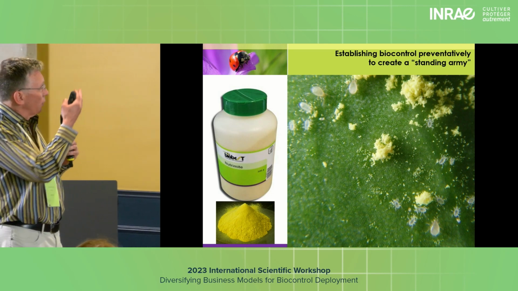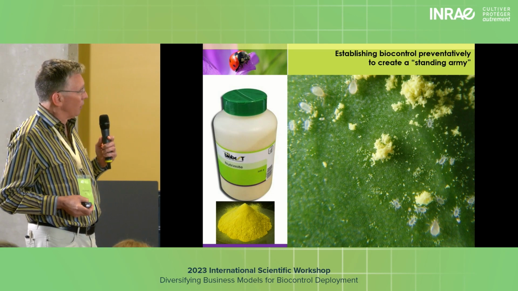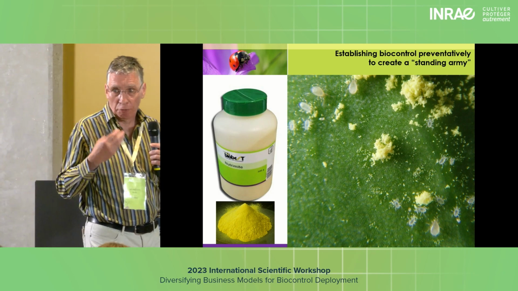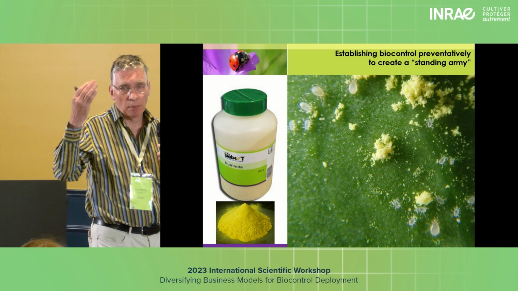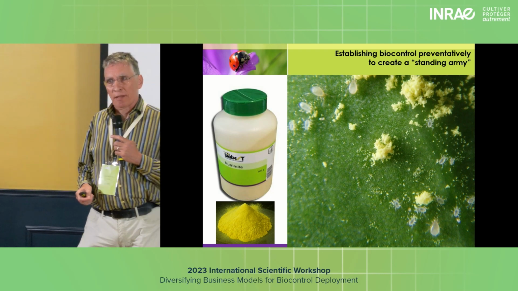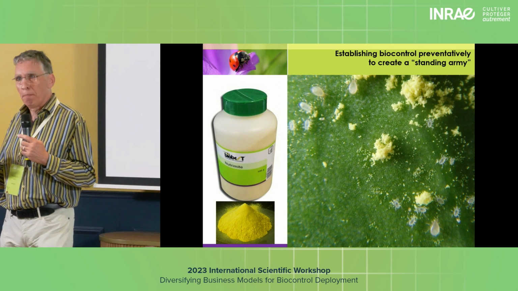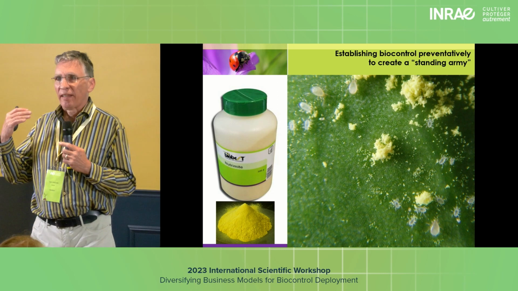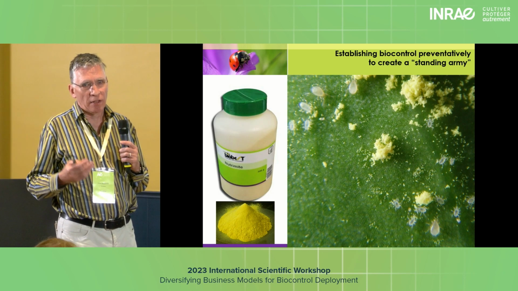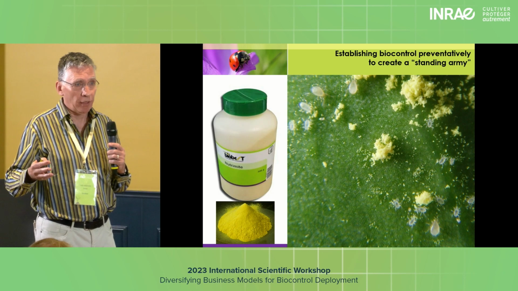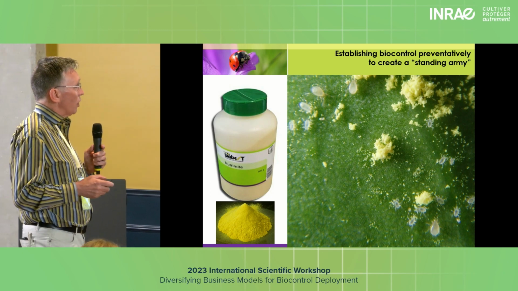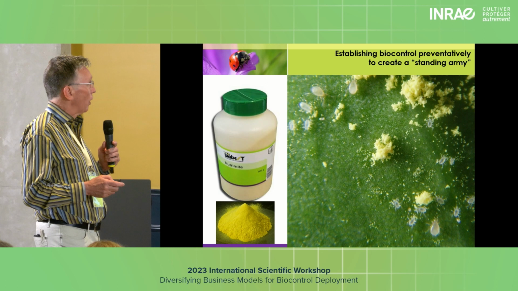The pollen is then on the crop, and predatory mites in this case can feed on the pollen. They can build up large populations on this pollen without there being any pest present in the crop. So you can actually build up what is called a standing army using these food supplements, and once the pest arrives, the predator is already present, which means the pest usually doesn't do any damage.